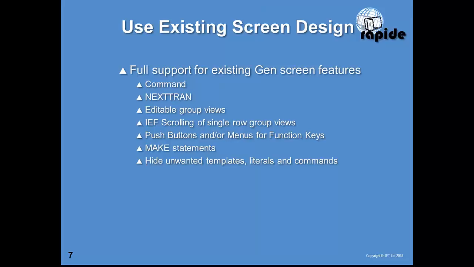For example, an editable command field, use of the set next trend, editable group views, scrolling of repeating group views or even single row group views, support for push buttons to replace function keys or menus to replace function keys, support for make statements, and also some support for hiding some of the things that you probably wouldn't want on a web interface, like some of the screen templates, literals and commands that are no longer appropriate, and that can again be highly automated, so you're not having to make changes to thousands of screens individually.